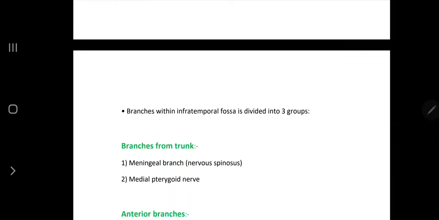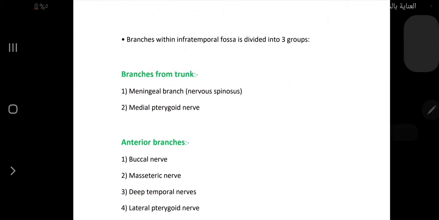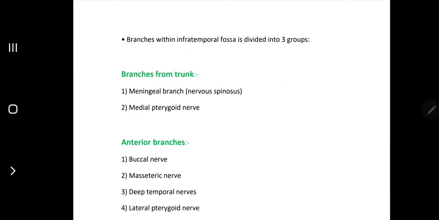Branch of the mandibular nerve in the infratemporal fossa. Branch from the main trunk ينقسم إلى تفرعين المننجيال branch والميديال pterygoid nerve.